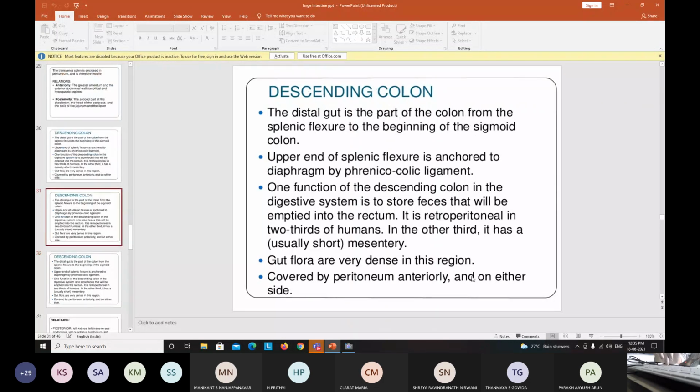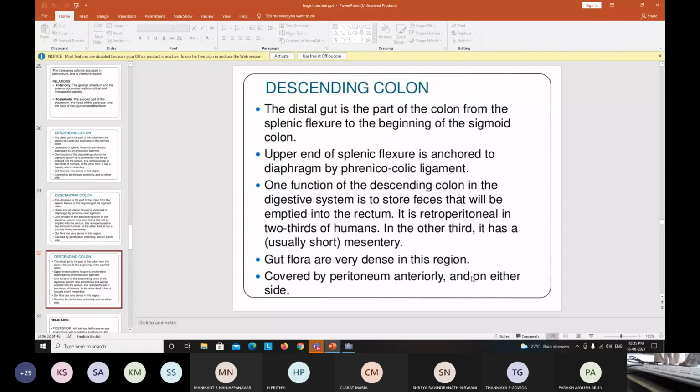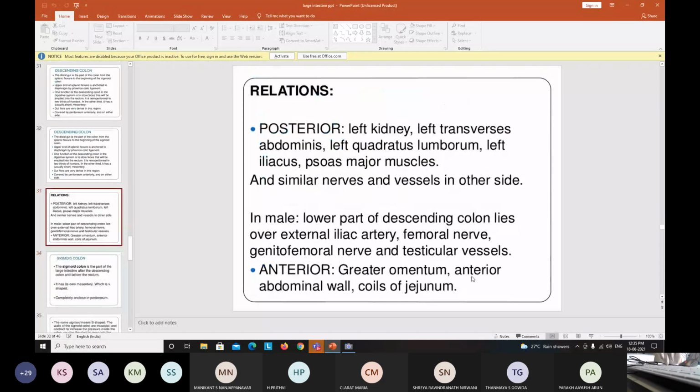Posteriorly, the relations of the descending colon are the left kidney and quadratus lumborum muscle, then iliacus, and one more muscle, psoas major.